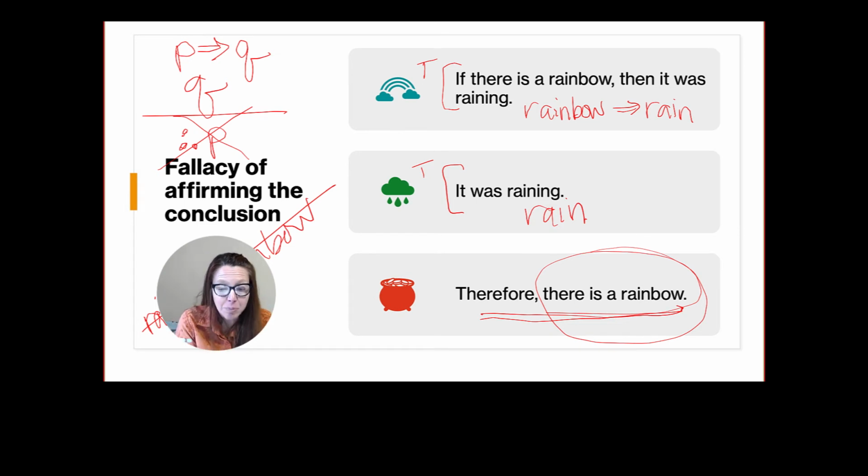So it could be that there's a rainbow, but implication in this direction, so this P implies Q, tells us something. If P is true, then Q is true. But when P is false, we don't know. It doesn't tell us anything. Okay? And that is a very common fallacy. Yeah, the causality is wrong.